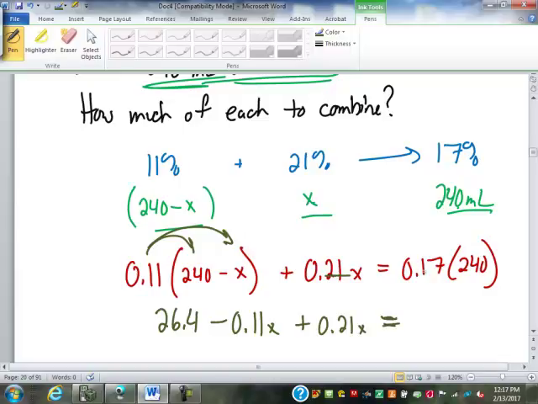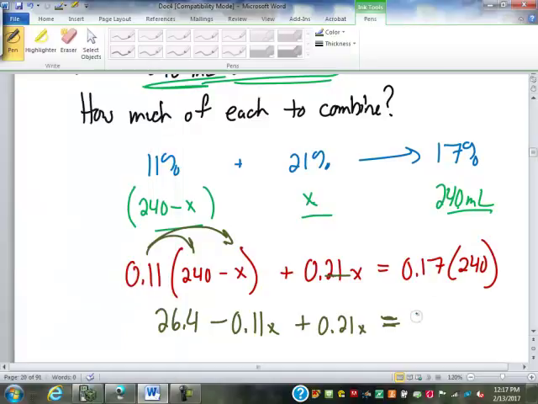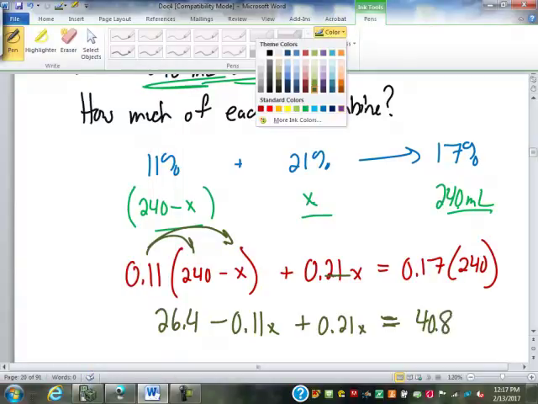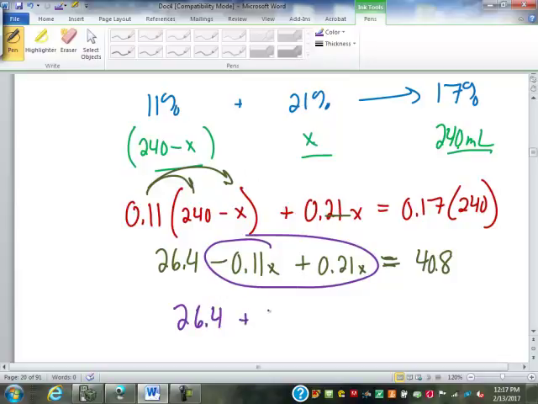On the right side, I can go ahead and multiply 0.17 times 240. 40.8, thank you. And now we can combine here. Negative 0.11 and positive 0.21 give me a positive 0.1x.